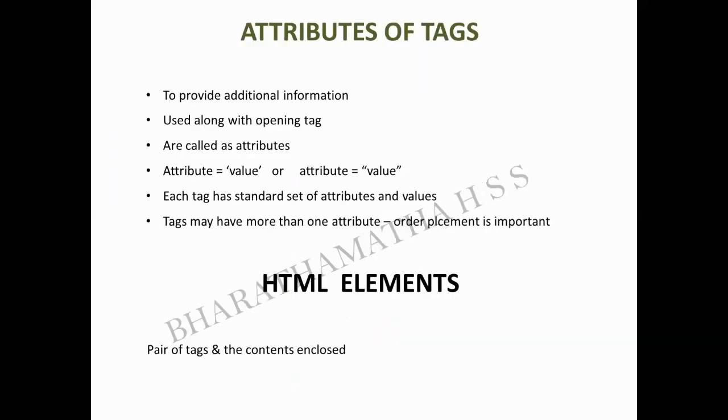The next one is attributes of a tag. Attributes of a tag means, after writing a tag, if you want to add some additional information or some properties along with it, those are called attributes.